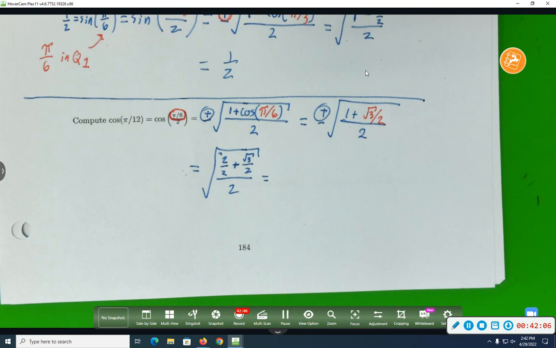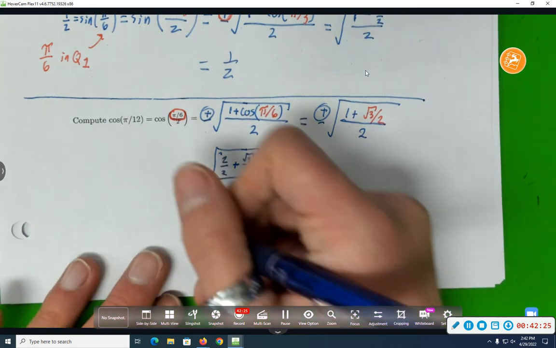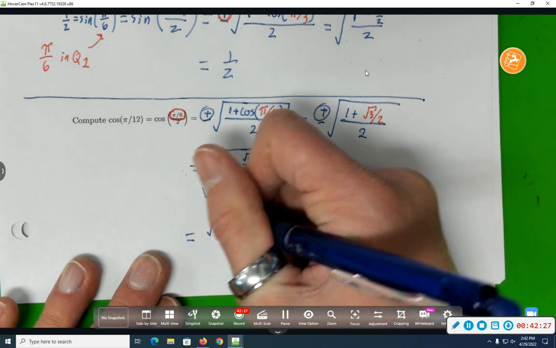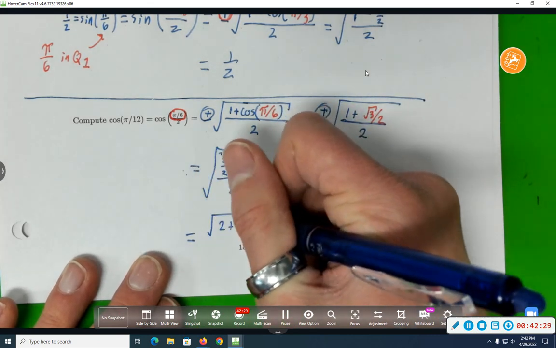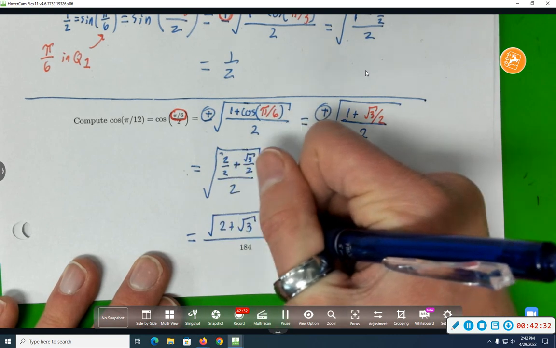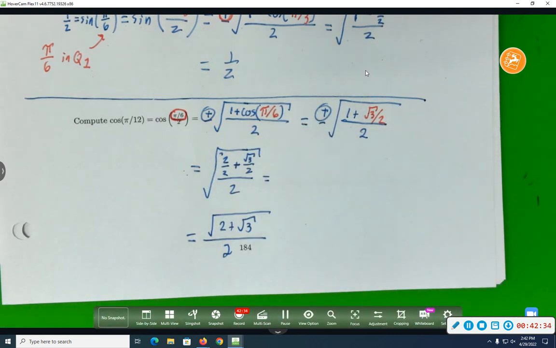And you probably have a pretty good idea what's coming next, right? I see a thing divided by 2 plus a thing divided by 2, so I really see 2 plus root 3, all that divided by 2, and then all that divided by 2 again. So, I can do an intervening step if people want to see. So I'm going to get square root of 2 plus the square root of 3 all over 2.